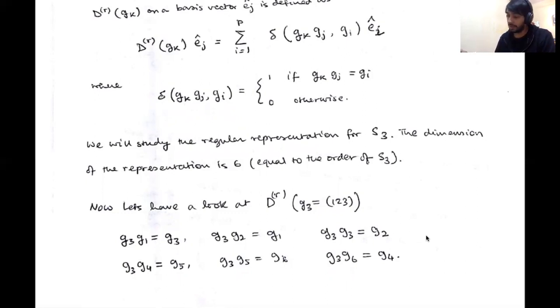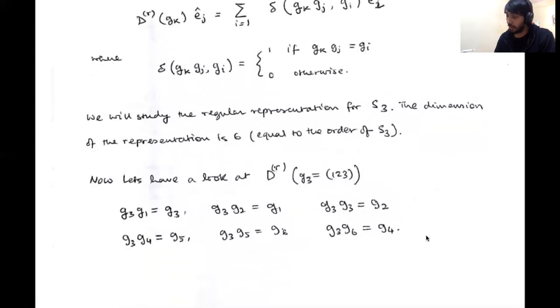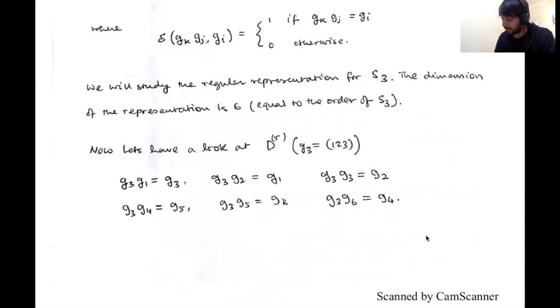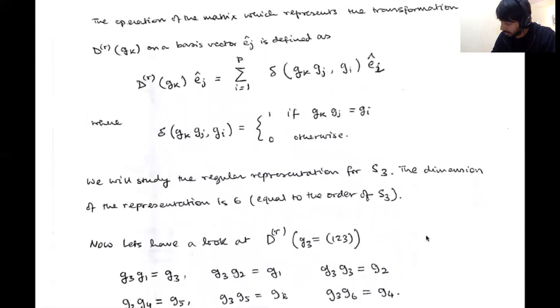So now what we want to do is find out dr of G3. Now this is going to operate on EJ. Let's start off with E1 first. Before we do anything, let's try and understand it.